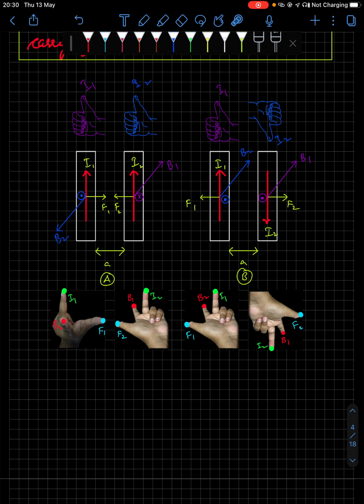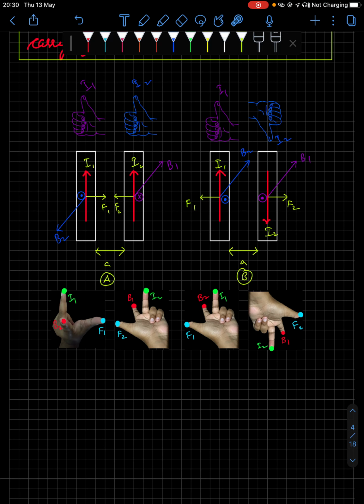Now we can apply Fleming's left hand rule to find the direction of the force. In the left wire, the first wire, the current is in the upward direction, represented by the middle finger. The index finger shows the direction of the magnetic field B2, which is outside. Then the magnetic force, that is F1, is acting along the right.